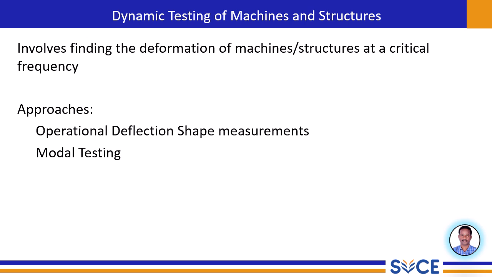Now that we understand the importance of analyzing the dynamic behavior of structures, as you can see, the key objective of dynamic testing is to understand how machines and structures deform when subjected to dynamic loads, particularly at the critical frequencies. Remember, critical frequencies are often related to natural frequencies.